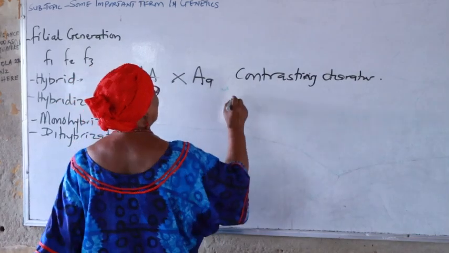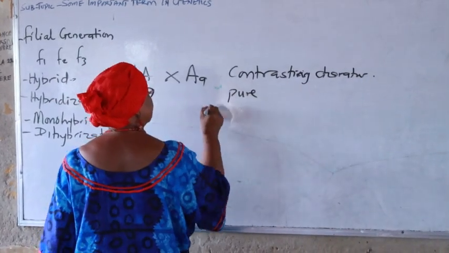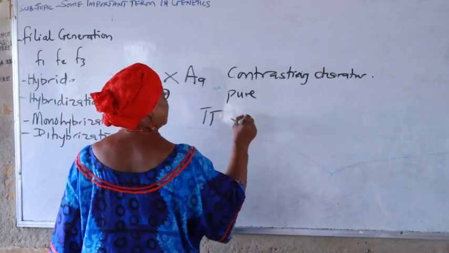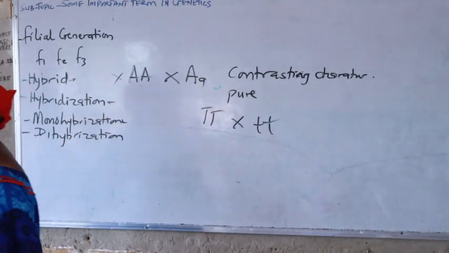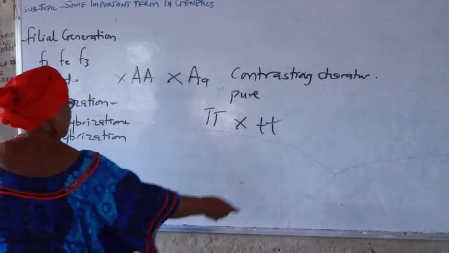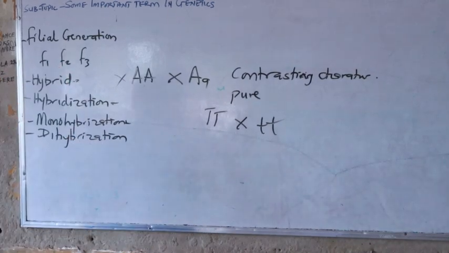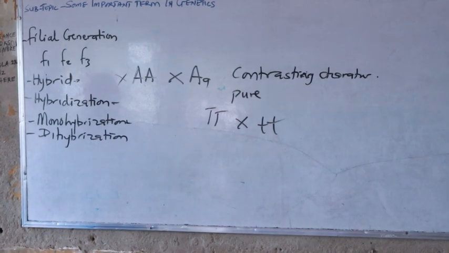This one is pure characters, pure traits. Two pure traits. This is pure, homozygotes.